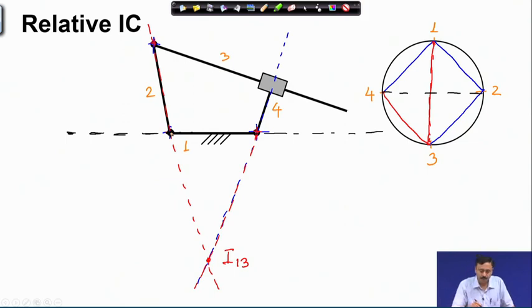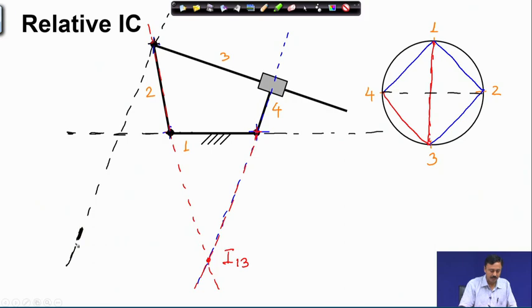So, I 2 4 must lie on this black dashed line, and I 2 4 must also lie on I 2 3 and I 3 4. I 2 3 is this, and I 3 4 is at infinity along this blue dashed line, remember. So, therefore, I must draw a line through I 2 3 which is parallel to this blue dashed line, so as to meet I 3 4 at infinity.